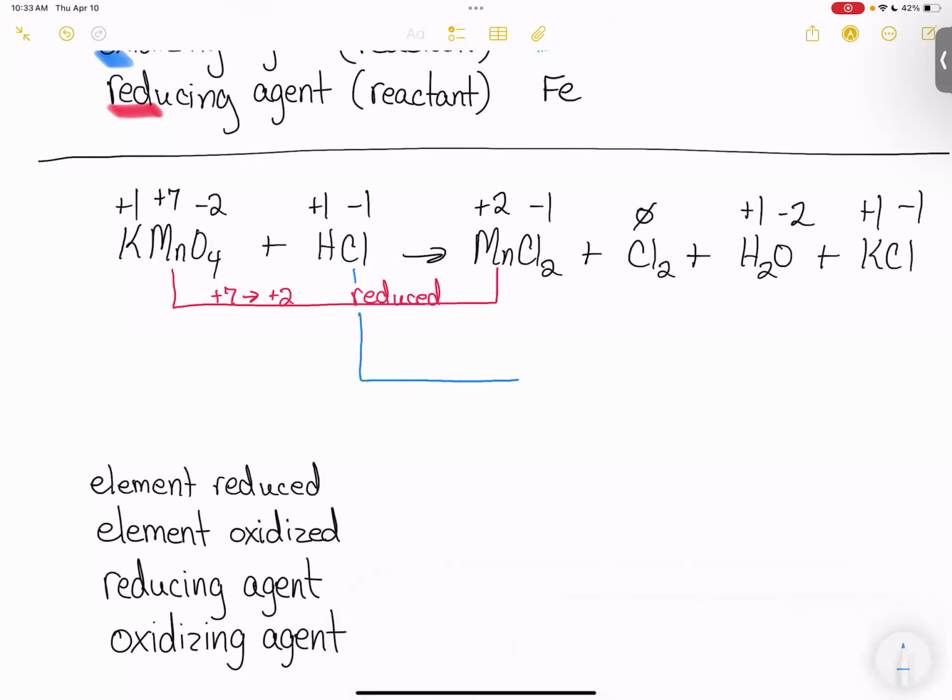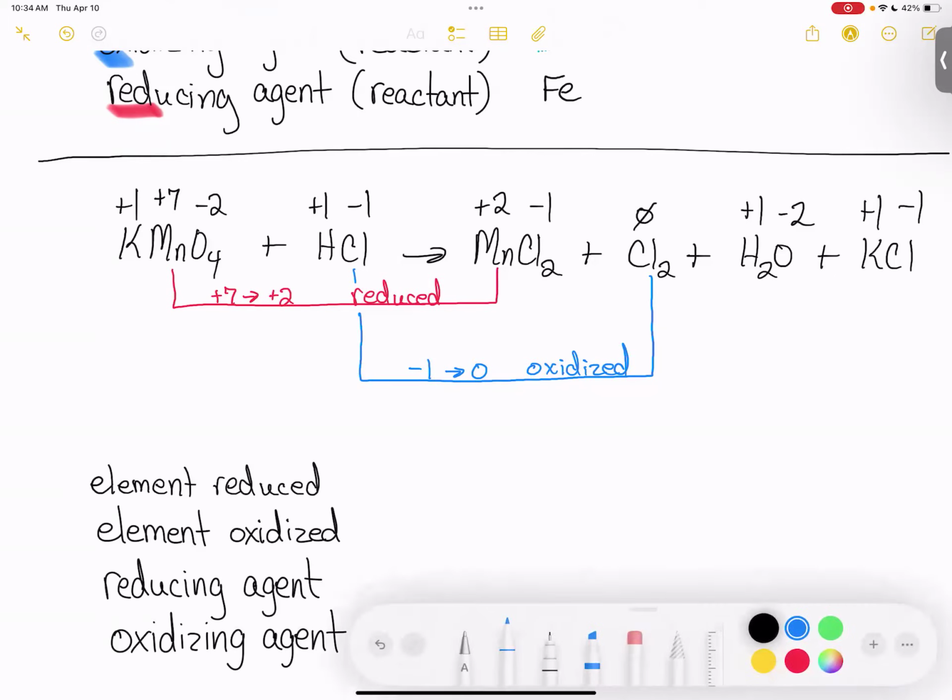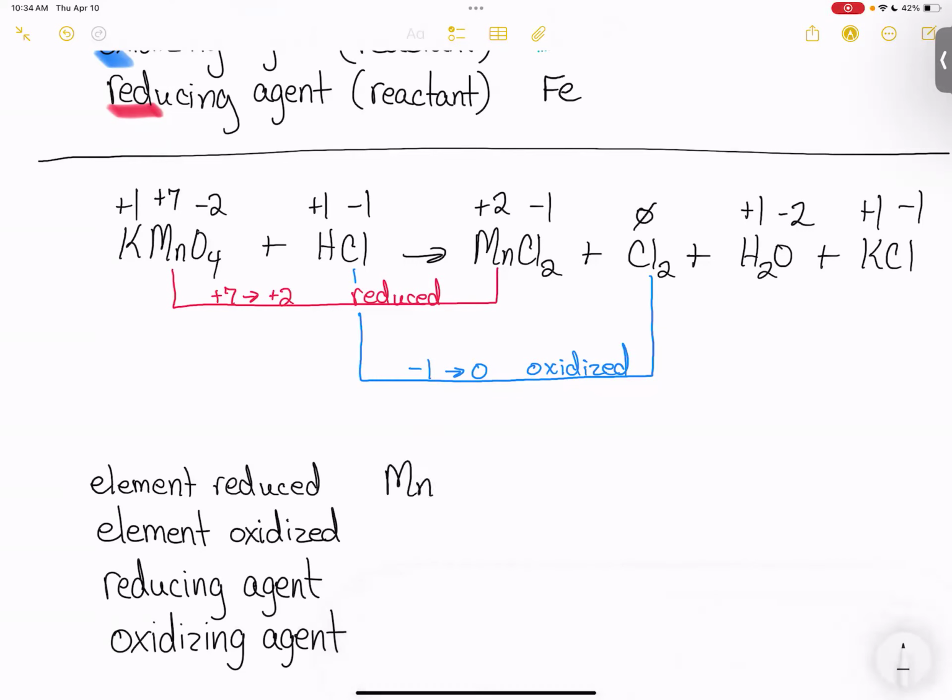In this case, it is chlorine. Chlorine went from a -1 to a 0. So it was oxidized. So the element reduced, we said, was manganese, and the element oxidized was chlorine.